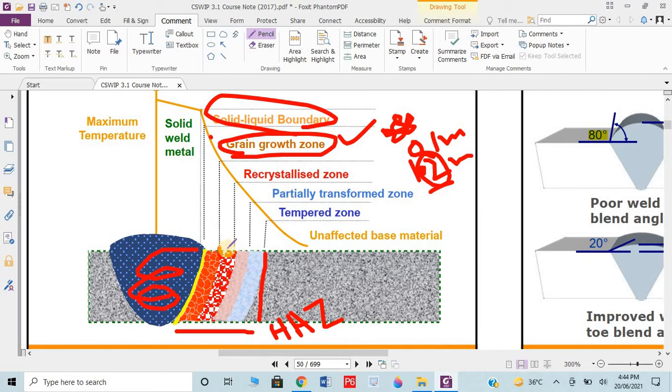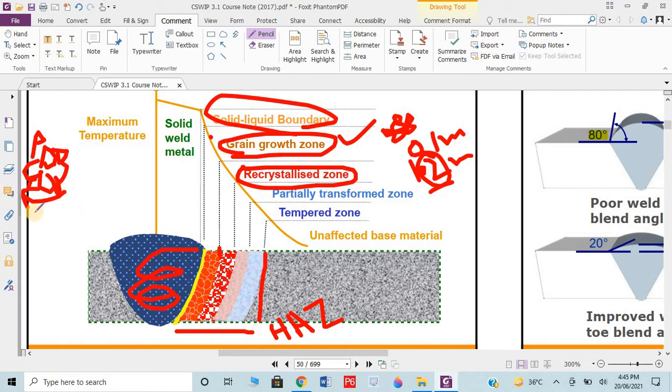Then from the grain growth zone, the next area is known as the recrystallized zone. Recrystallize: every particle in the universe is normally made with crystallization, like different items, A, B, C, D. In recrystallization, they relocate their positions. This will become here, this will become here, this will become here. This is a microscopic change, we can't see it with the naked eye.